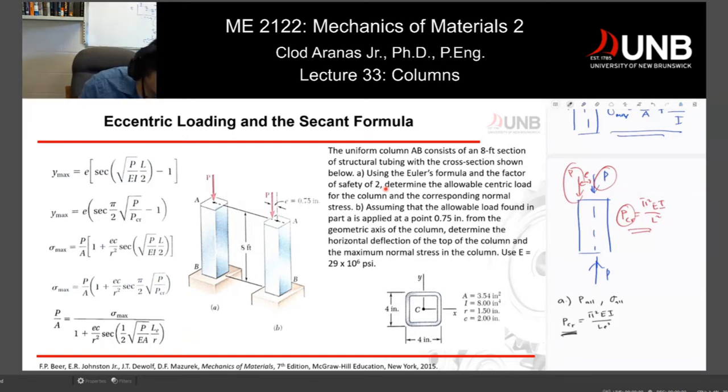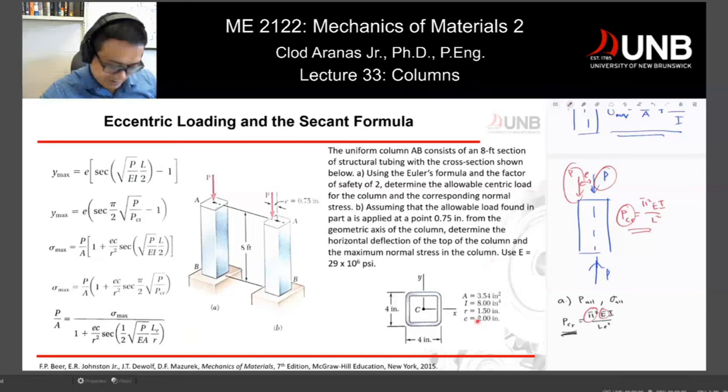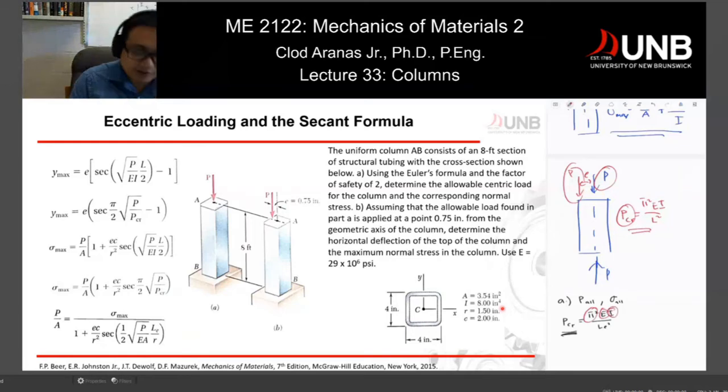Everything is known because, of course, you know what pi is. Your E should be given right here. Most of the time it's given. And then I, you can see you have a value of 8, so you have a certain value for I. L sub E is your effective length.